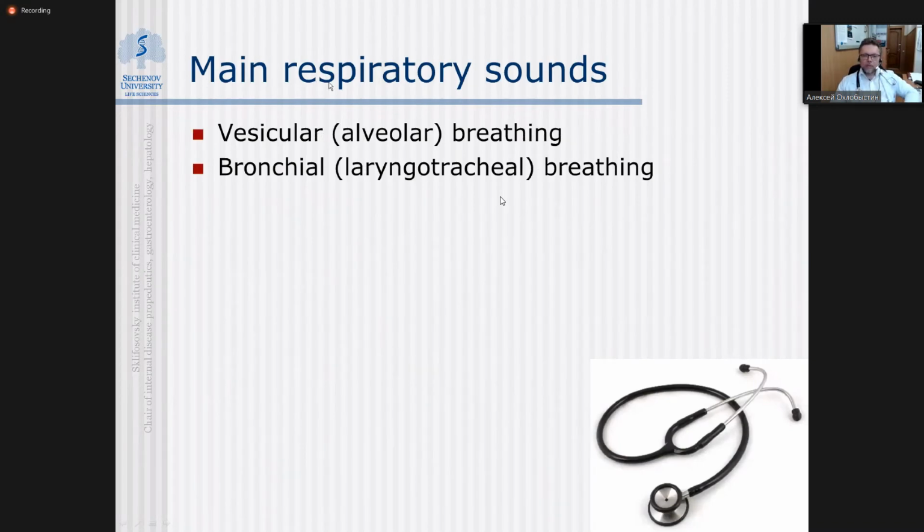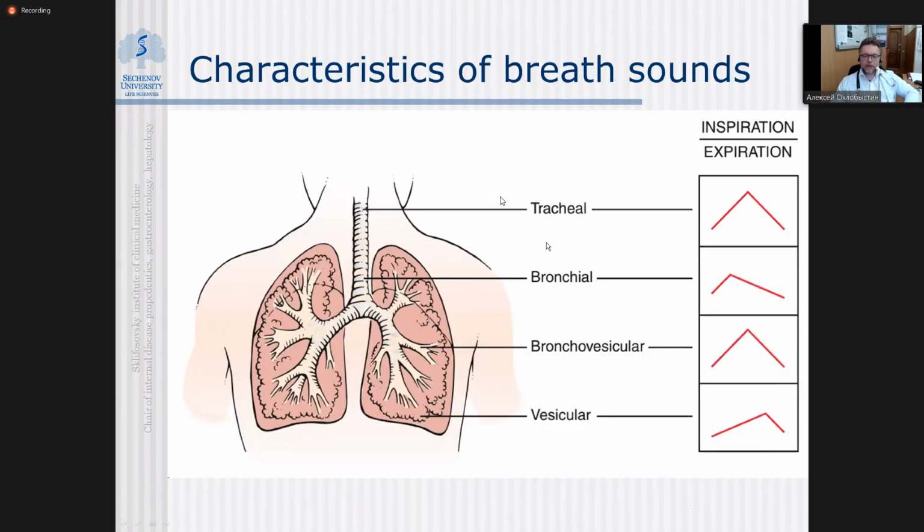For basic or main respiratory sounds, there are vesicular and bronchial breathing, which have quite different clinical significance. Vesicular breathing is the sound produced by the pulmonary parenchyma, by expansion of the alveoli during the inspiratory process and at the very beginning of the exhalation. So we can hear the sound all the way through the inspiration of the patient.